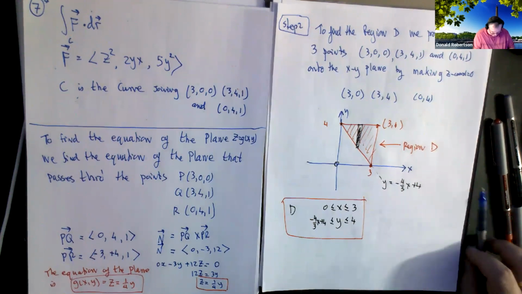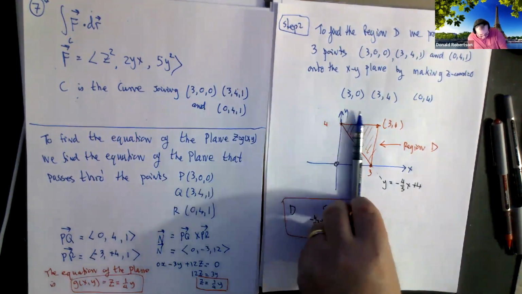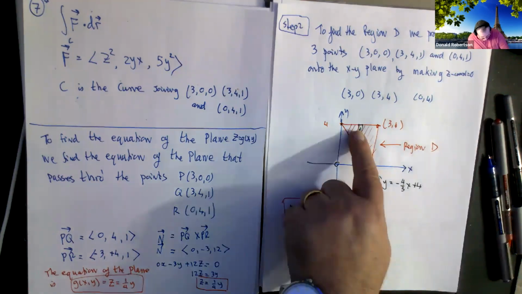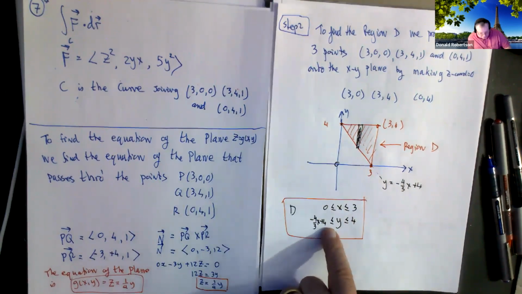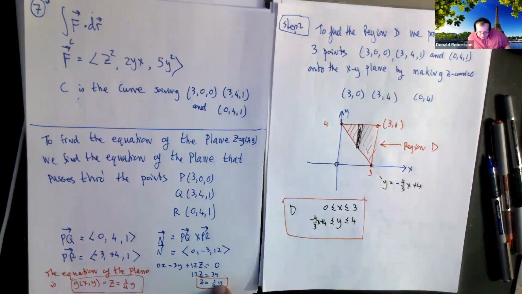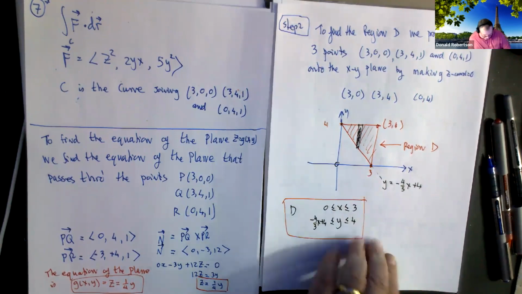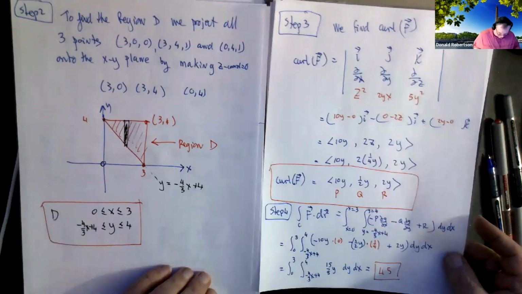So my region D starts from x equals 0 and scans to 3. In each rectangle, the highest part is 4, and the lower part is the equation of the straight line. So we've got the equation of the plane, check. We've got the region D and its limits of integration that we should use, check. So what we're now entering into is step 3.